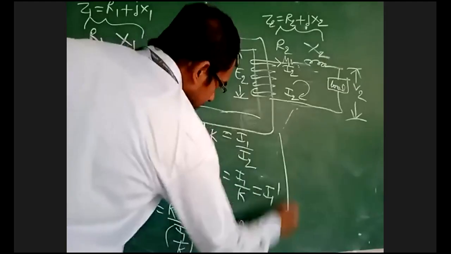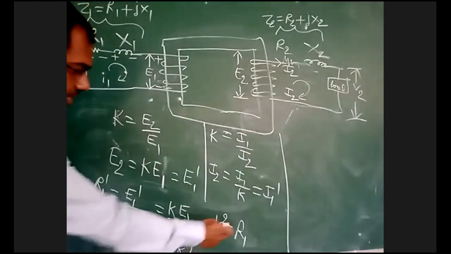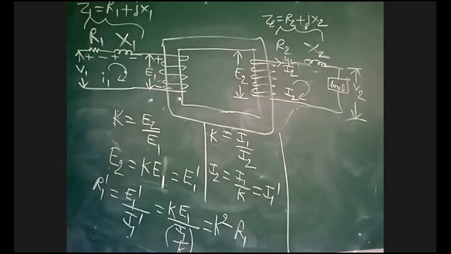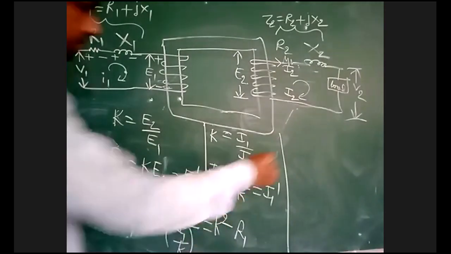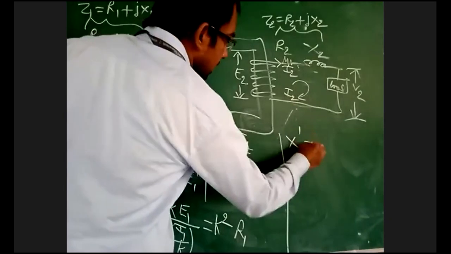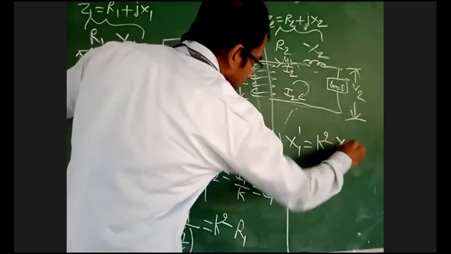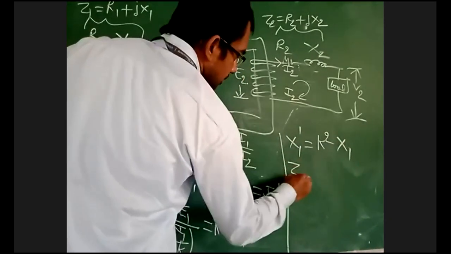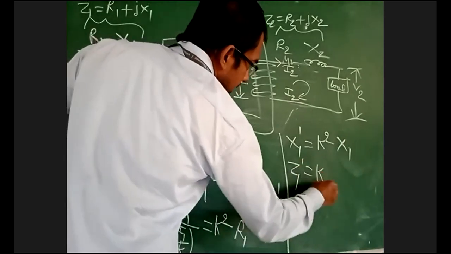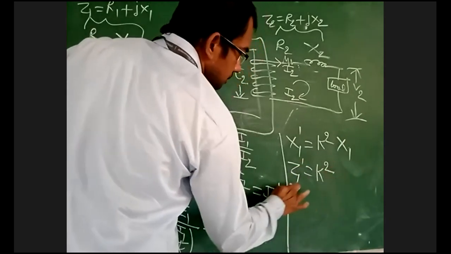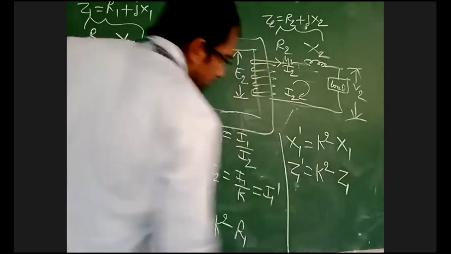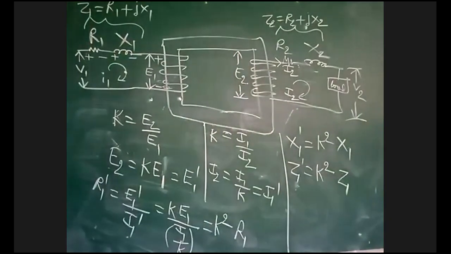So R1 dash is equal to K square into R1. Similarly, X1 dash is equal to K square into X1. Z1 dash is equal to K square into Z1.